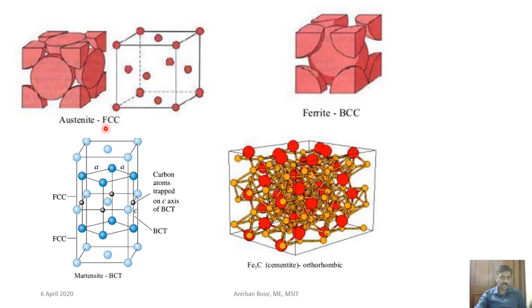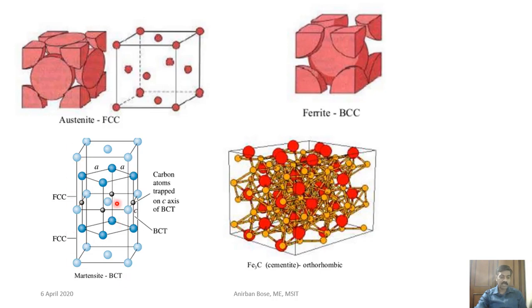But here you can see another phase, in which the carbons are sitting at the face center and the corner atoms, so it is like an FCC, but some of the carbon atoms are basically trapped along these vertical directions here.